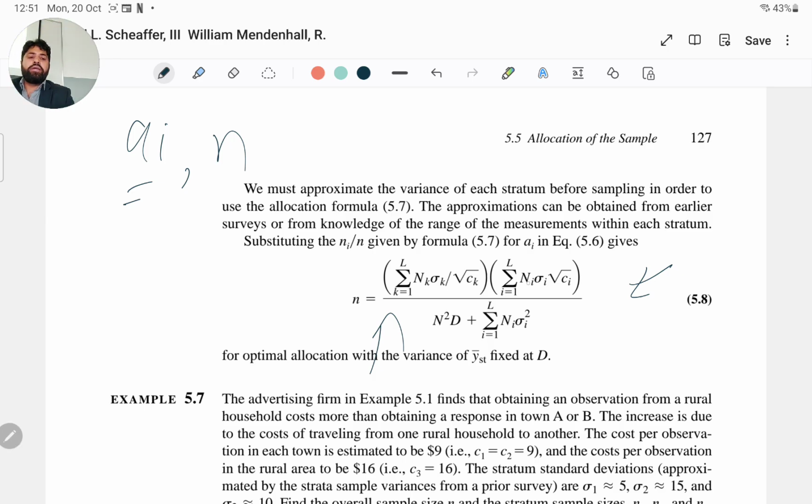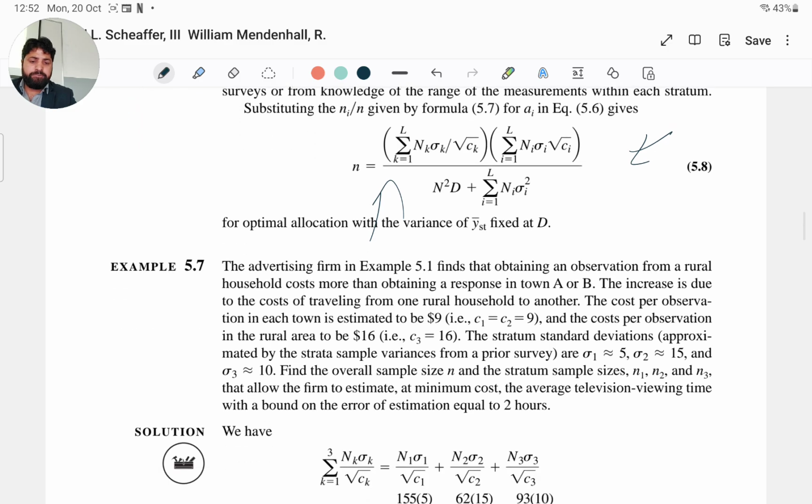Ni sigma i and Ci is again the cost, and the denominator is N squared D plus, and D you already know is B squared over 4 when we are talking about the averages, and B squared over 4N squared, something like that, for totals. I think that is the idea of D, how we calculate D.